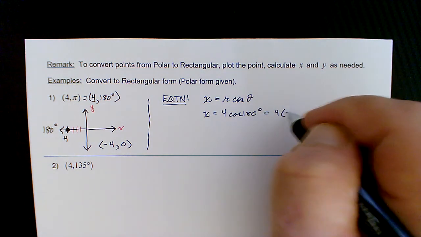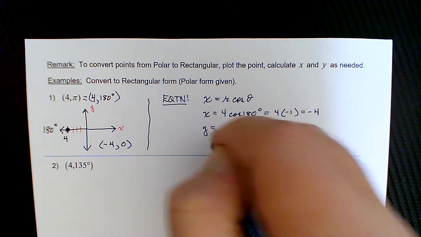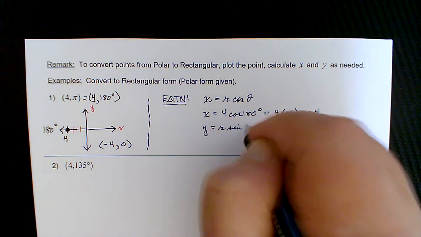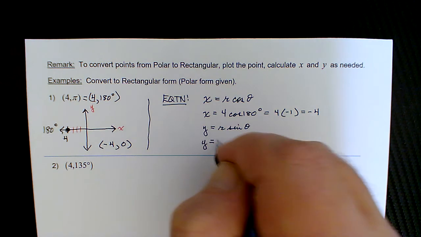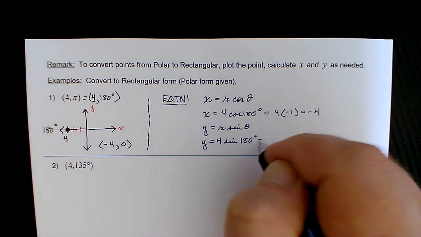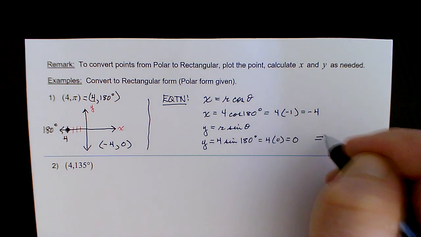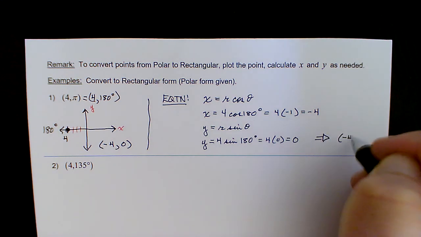Cosine 180 is negative 1, so that gives negative 4. And then y is r sine of theta, so 4 sine of 180, and the sine of 180 is 0. So we easily get negative 4, 0 as well.